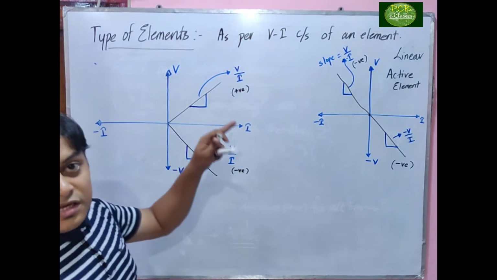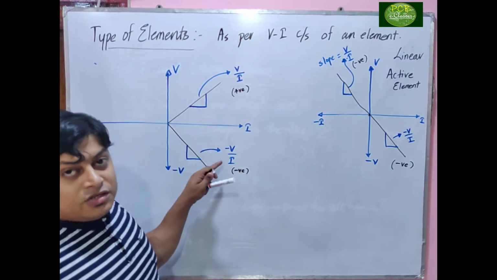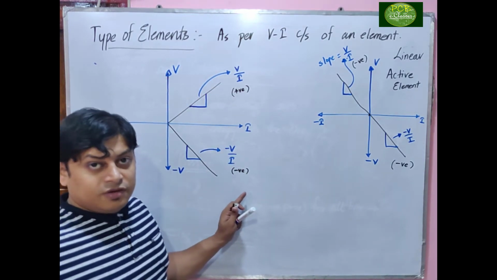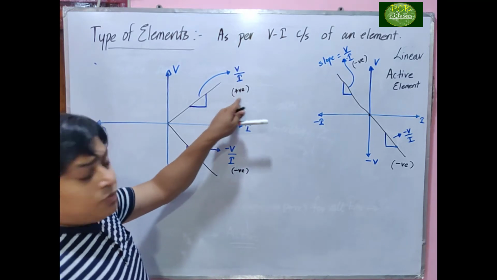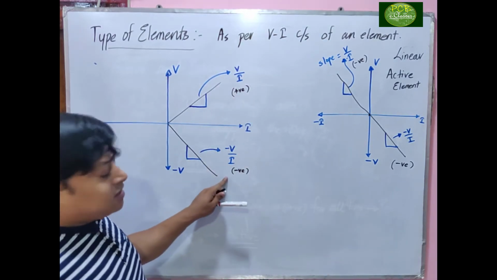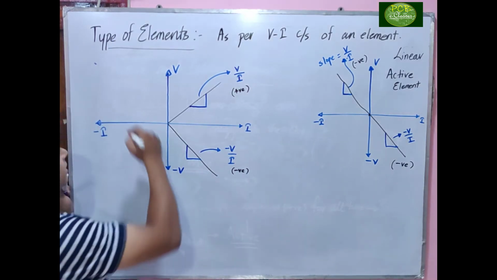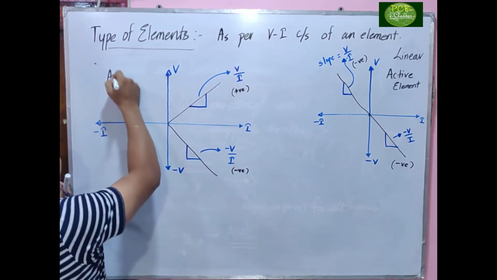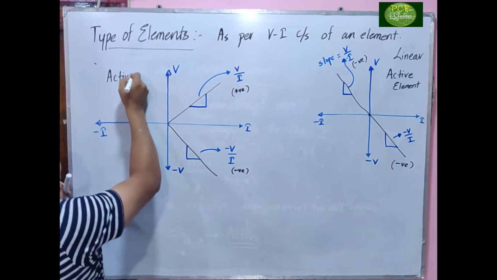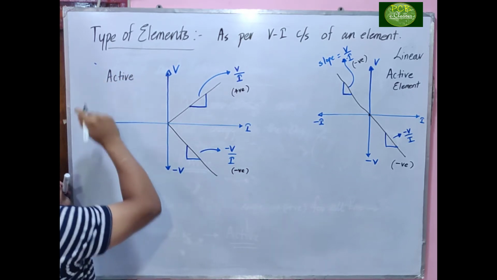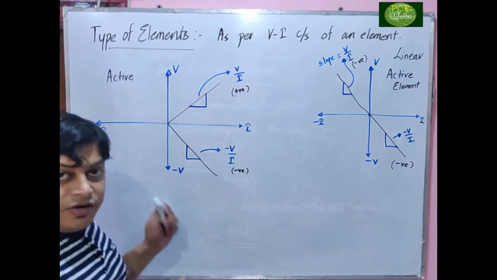Now here you can see for all time it is not remaining positive. Rather, for certain time it is positive and for other certain time it is negative. That means it's an active element.